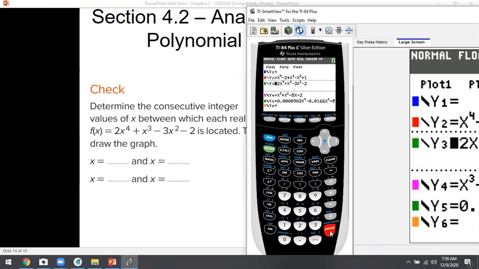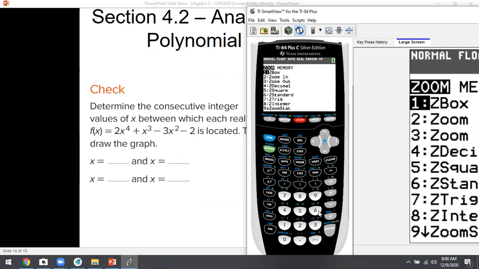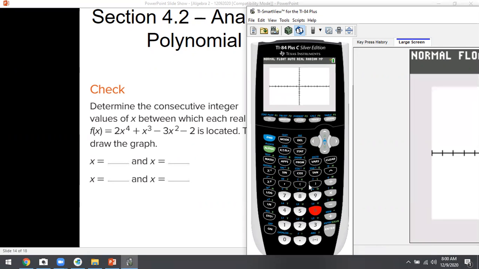Sometimes you will have to adjust your windows, but most of the time, Zoom 6, reset to the standard window, will do just fine. 2x to the 4th. Remember, your power button's over there by the clear button. That caret thing is your exponent button. Once you've got it typed in, hit Zoom 6, reset your window.